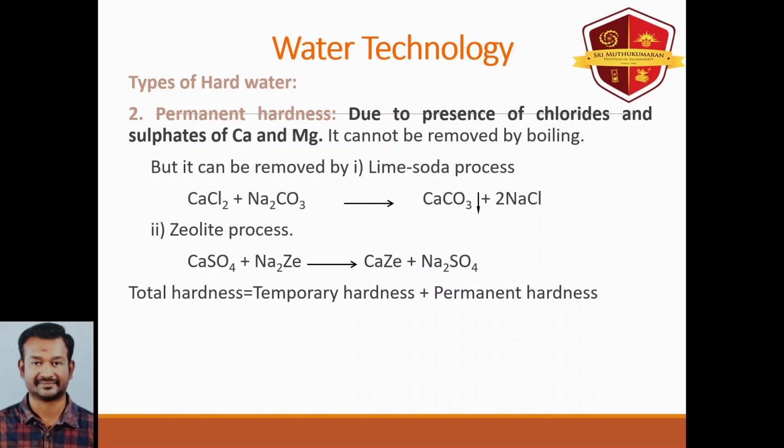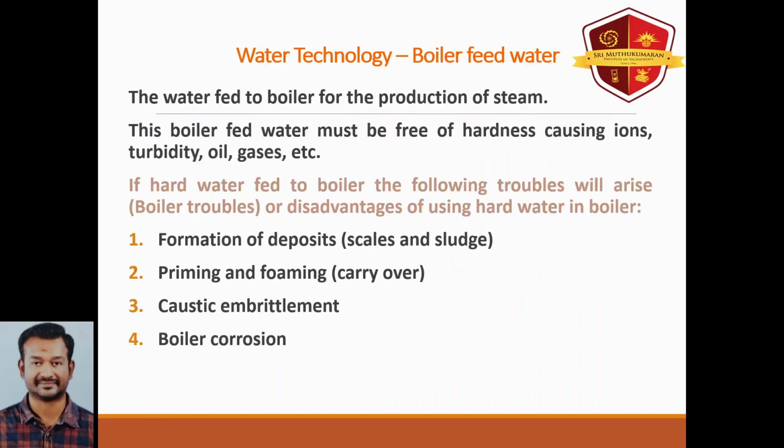Likewise, calcium chloride plus sodium carbonate gives calcium carbonate plus 2 sodium chloride. In the zeolite process, calcium sulfate reacts with sodium zeolite to give calcium zeolite plus sodium sulfate.